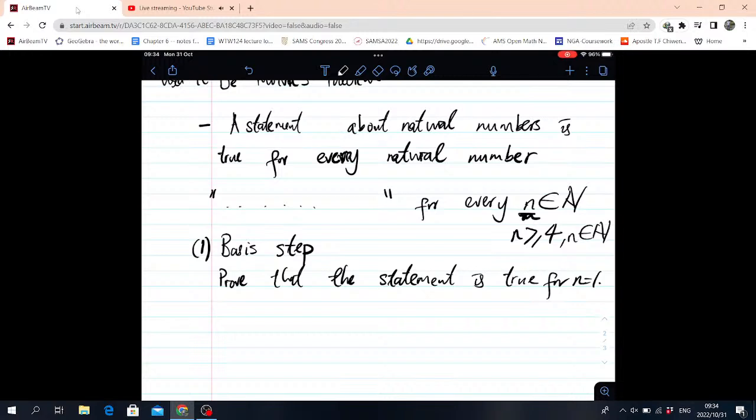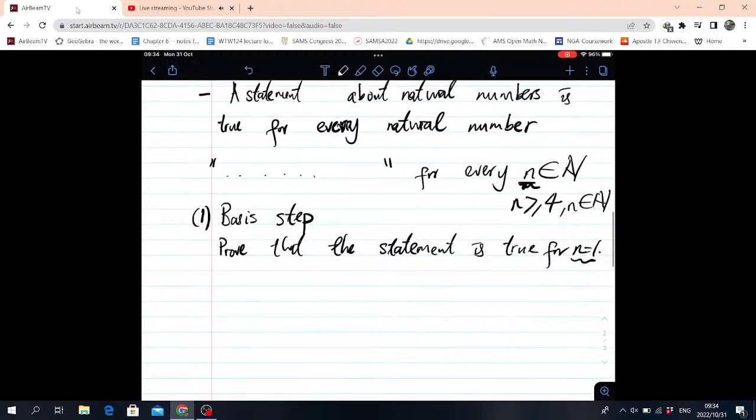So your basis step will change to wherever you're starting at. So if it's just natural numbers, you start at n is equal to 1. But if, for example, it has this type of restriction, then you start at n is equal to 4. That would be your basis step for this part, right?